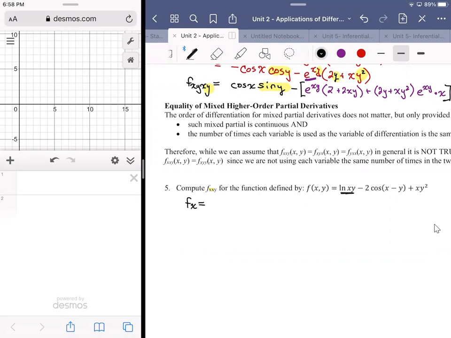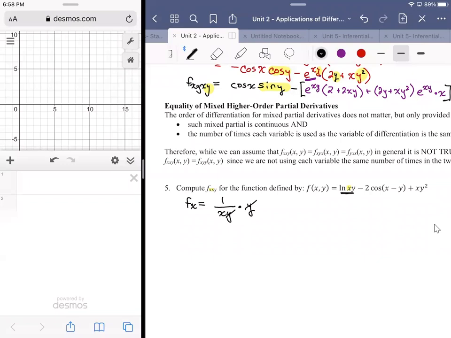Whenever you take the derivative of natural log, it's 1 over whatever's contained within the natural log. You make that look like a fraction. So xy times the derivative of the thing that's contained within the natural log, with respect to x, so x is the variable here. So that's just going to give us a y. So the y's cancel, and that part of it just ends up being a 1 over x.